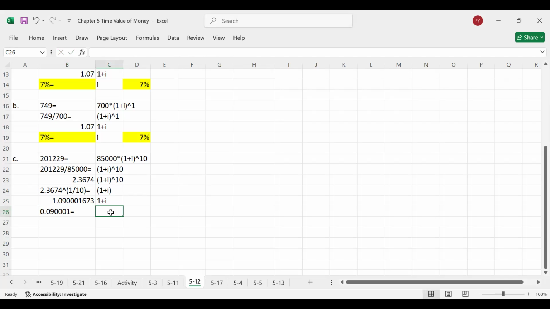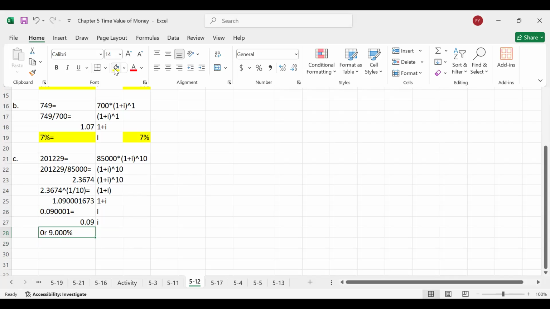So on the other side, you have I, that is interest rate. So I is 0.09, or you can say it is 9%, or you can take just three digits after the point. So this is 9%.